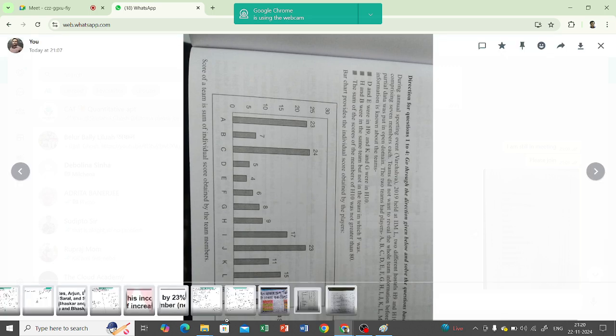D and E were in H9 and K and G were in H10. This information is static.